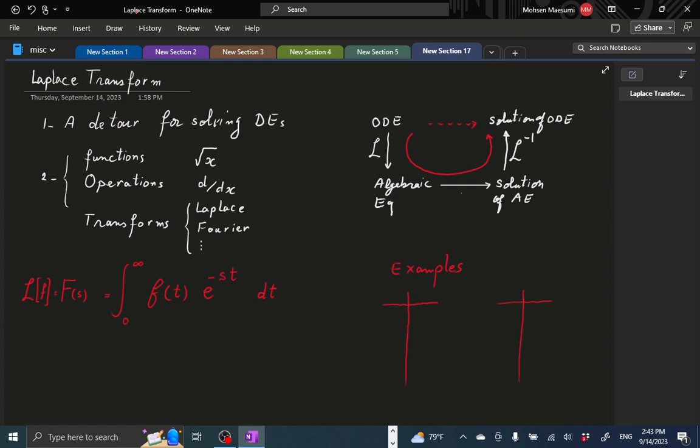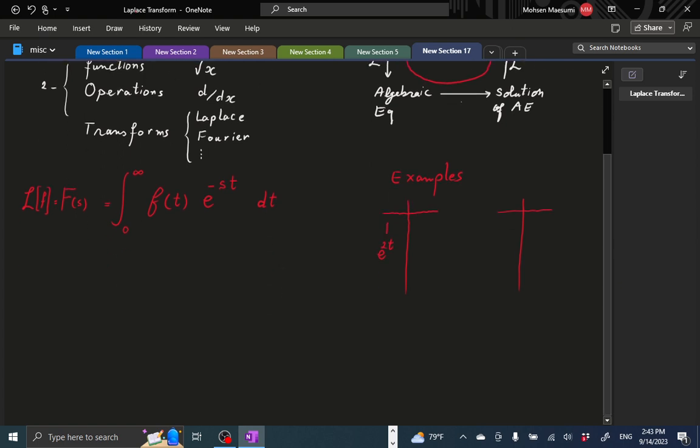Here also, we are going to go after some specific functions. What are specific functions? Well, like a constant function 1, such as exponential function, like say exponential of 2t or exponential of 3t, or in general exponential of any constant number times t.